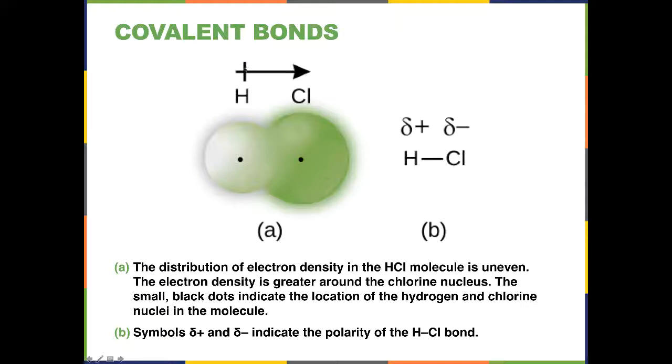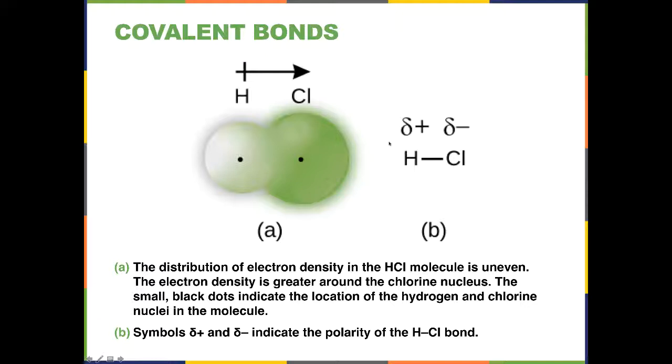So you can see that this is somewhat positive on this end and negative on this end. This is one way to represent it. Now, B is the other way to represent it. And these Greek lowercase deltas show you which end of the molecule is positive and which end of the molecule is negative.